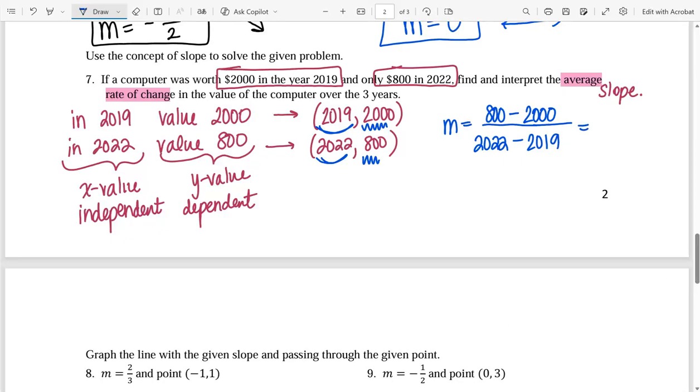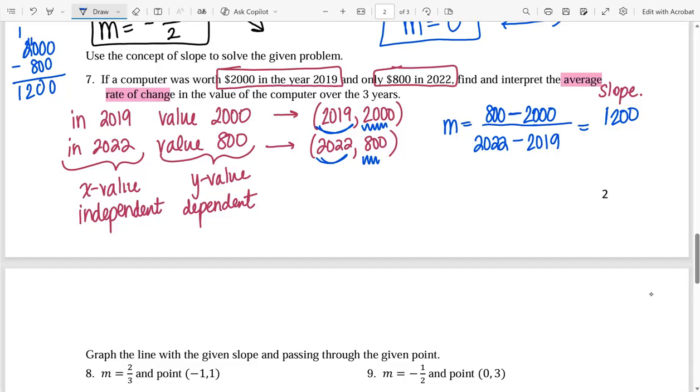Now we might have to have a side conversation with ourselves. 800 minus 2,000. Because those are subtracting, I can take my 2,000, subtract the 800, 0, 0, borrow. 10 minus 8 is 2. That is a $1,200 difference.